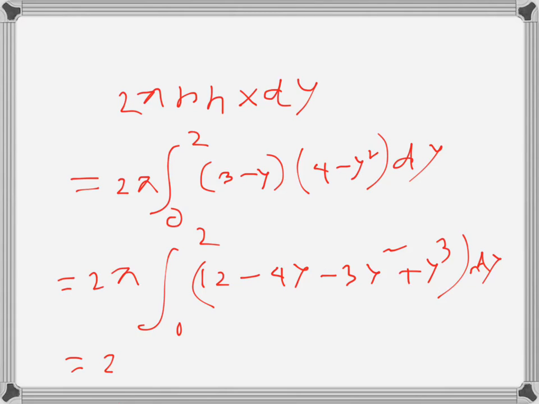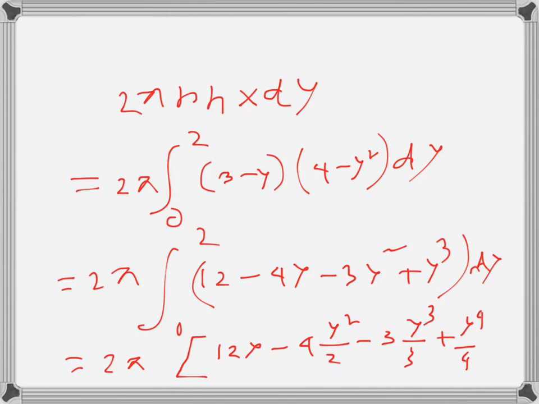Now we integrate this thing, so it becomes 12y minus 4y square over 2 minus 3y cube over 3 plus y to the power 4 over 4, from 0 to 2.